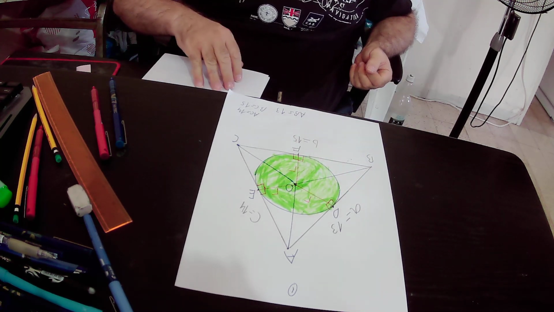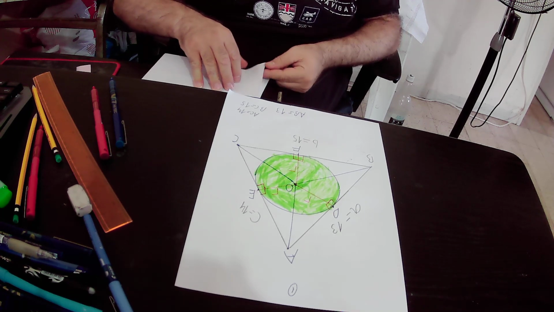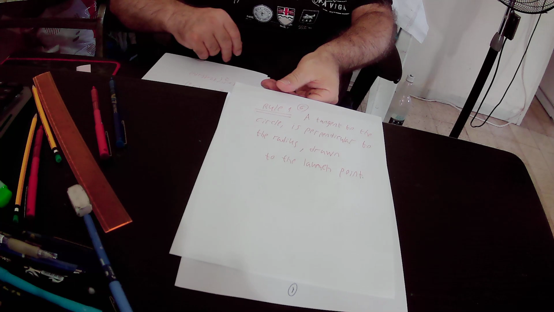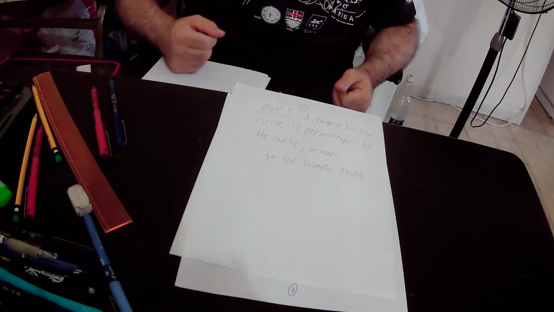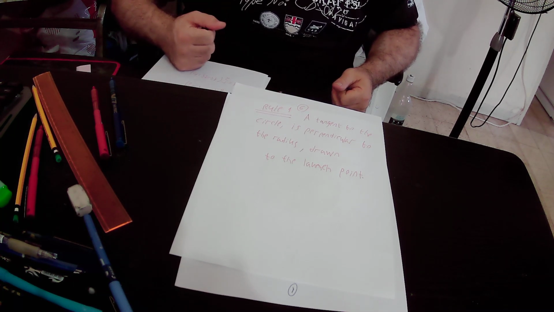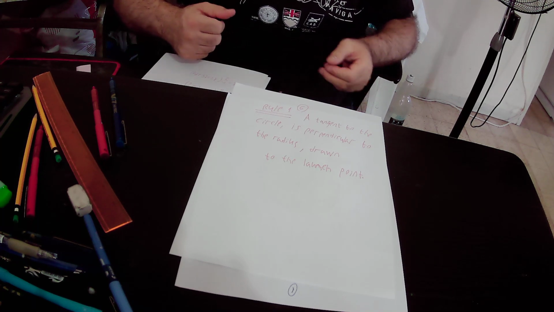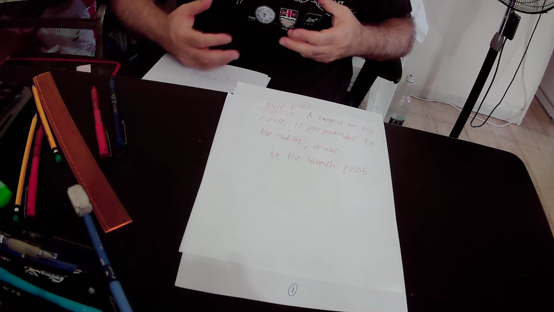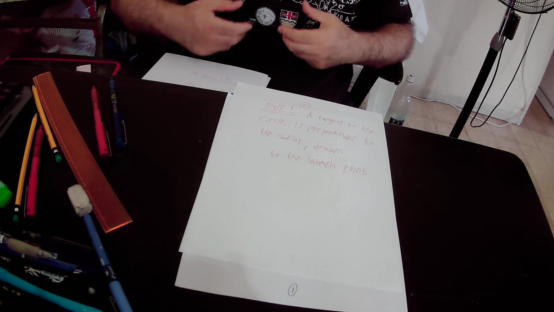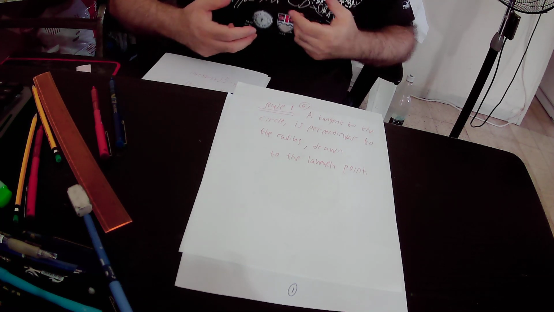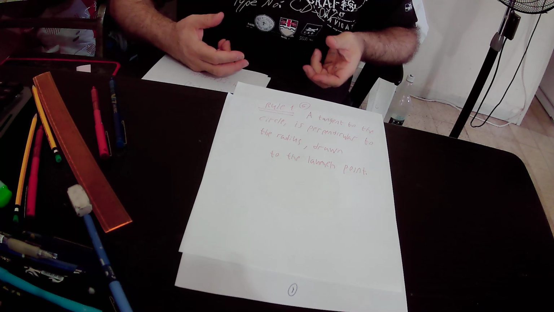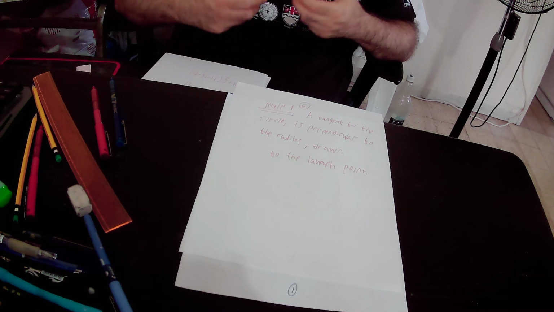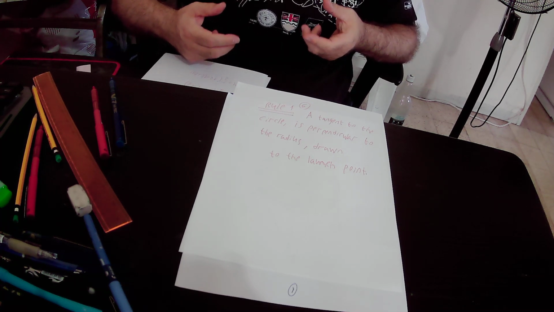Okay, and we have rule number 1, which states that a tangent to the circle is perpendicular to the radius drawn to the launch point. That is to say, if you draw a radius to the launch point, that touches the launch point, then that radius will be perpendicular to its tangent.